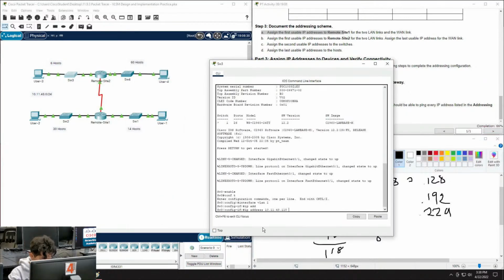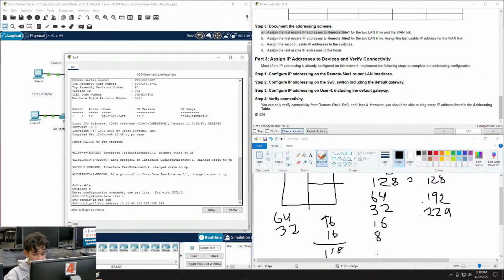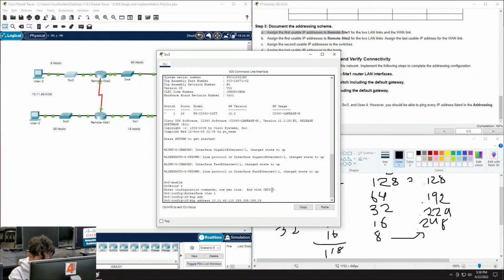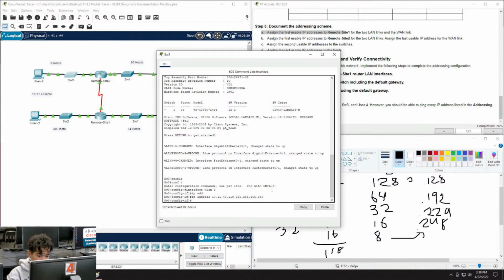Okay. Subnet 255.255 dot. Since it is 8, 16 would be 240, and then since it's just 8, we do 248. 248. I think that was right.